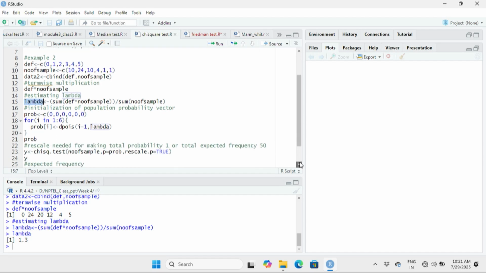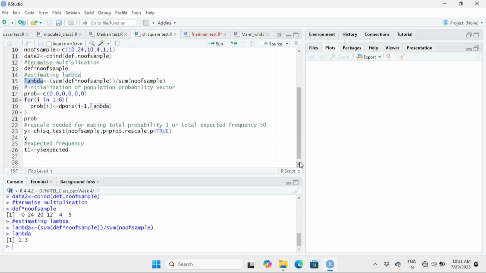And the next one is a little tricky, that is the initialization of the population probability vector. We have to figure out the probability x is equal to 0, probability x is equal to 1, when x follows Poisson with the estimated lambda as 1.3.